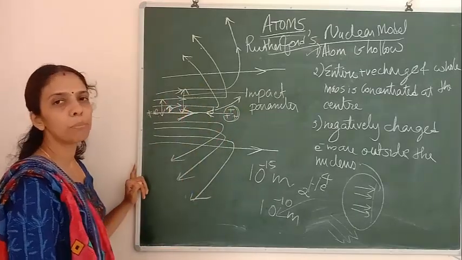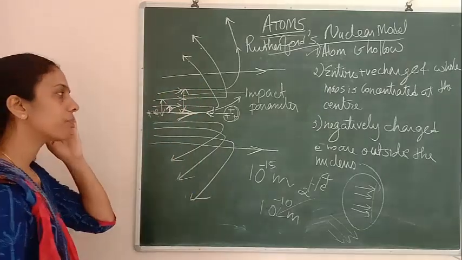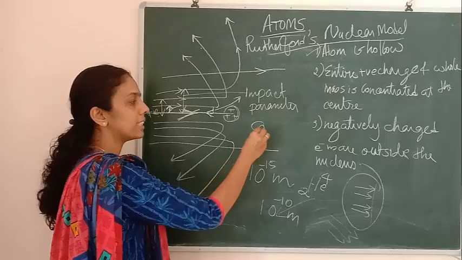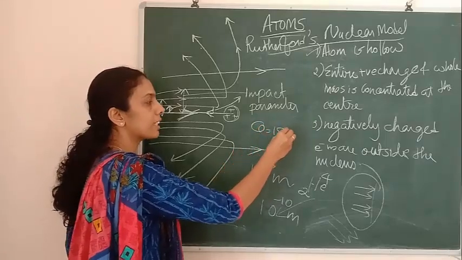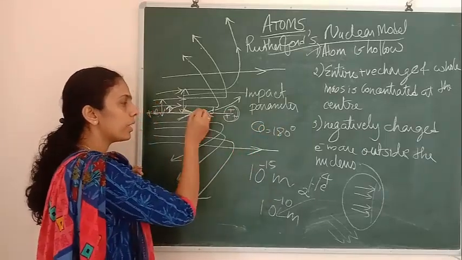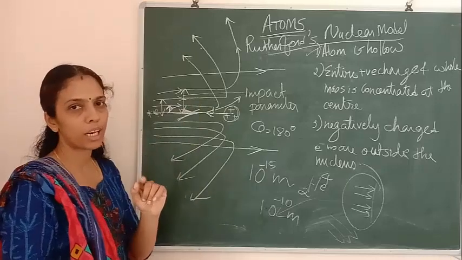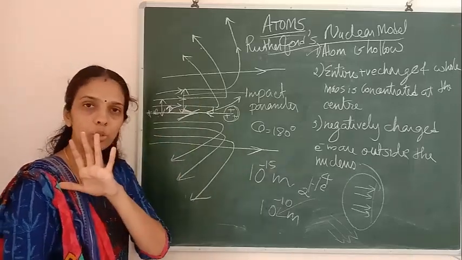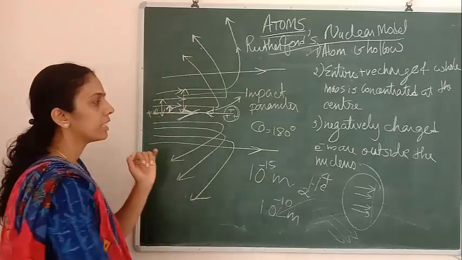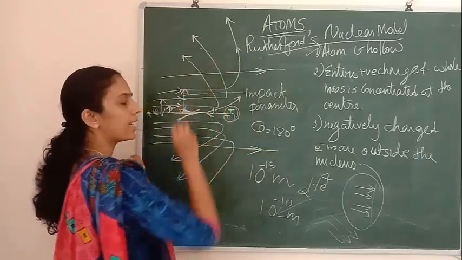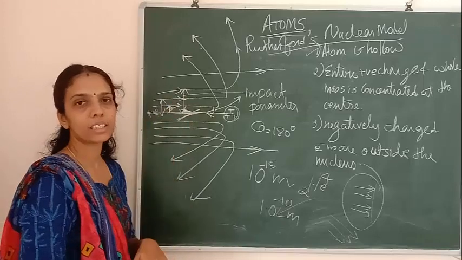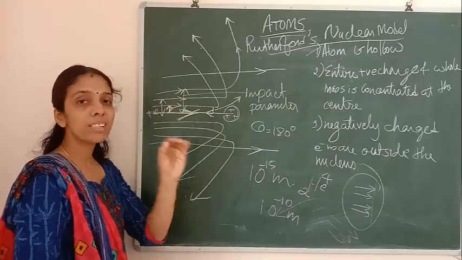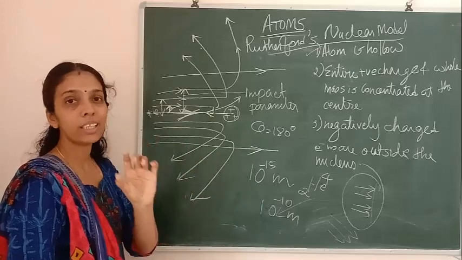If we consider the impact parameter when theta equals 180 degrees, that is, the particle goes and reflects back, the impact parameter will be very less, nearly equal to 0. If theta equals 0, the impact parameter will be very less.